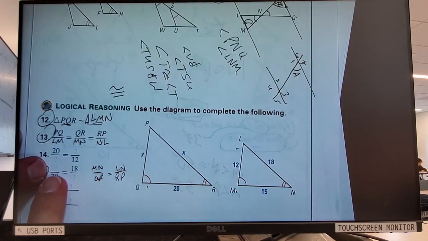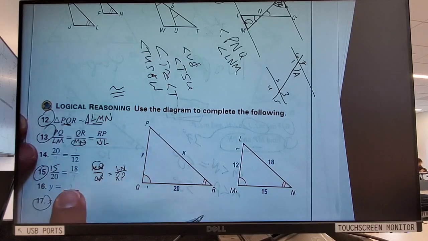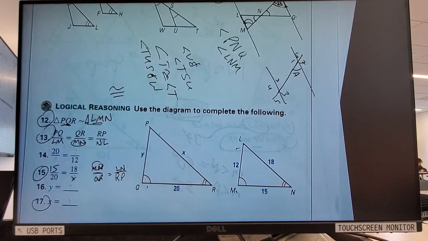So what goes up top here? 15, good, because it's MN, that's what goes to QR. And what goes on the bottom here? X. And you guys remember how to solve that? Yeah?